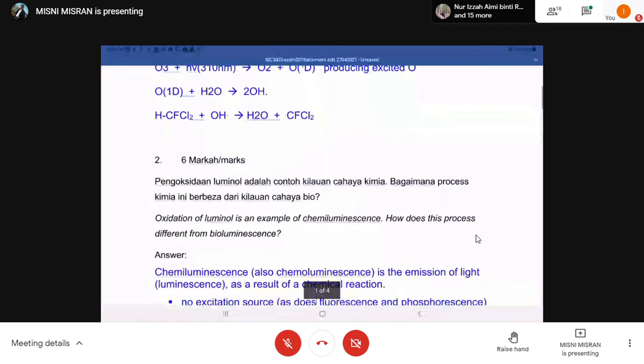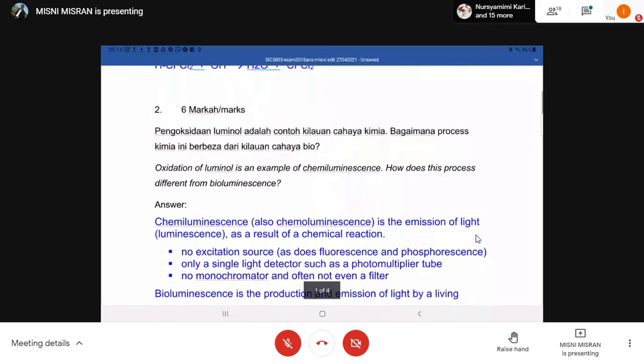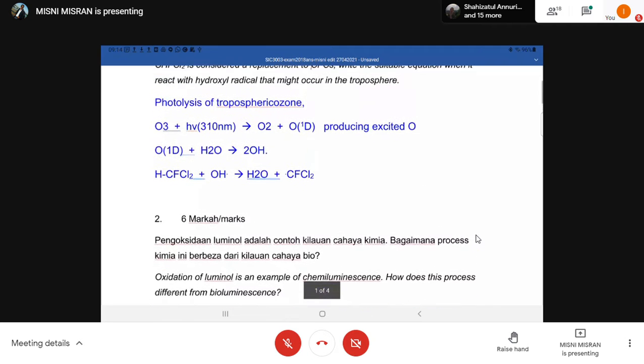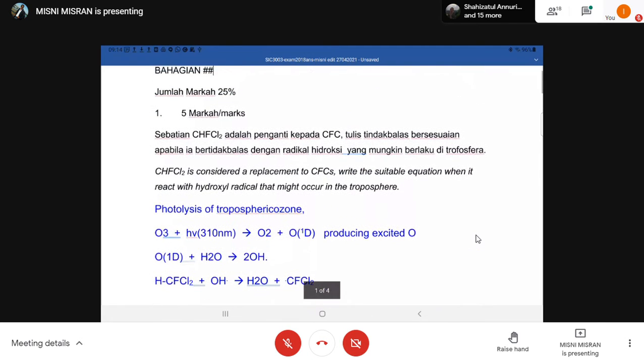The second question is with regard to luminol, which is straight from your lecture notes. Okay. The second question, this one is 6 marks. The first one was, excuse me, 5 marks.